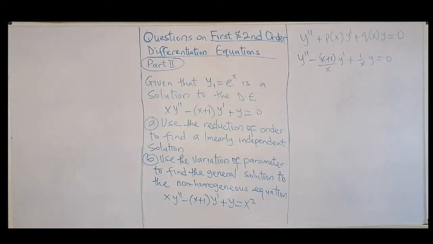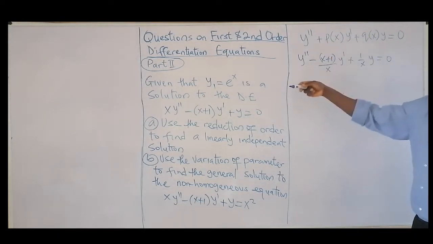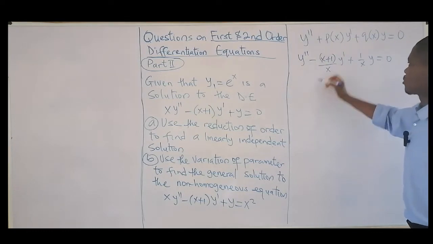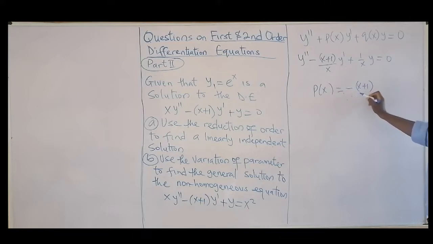So this is homogeneous. Then the next thing to do is correspond this with the standard form for reduction of order. It implies that p of x is equal to negative of x plus 1 all over x. So that's the p of x.